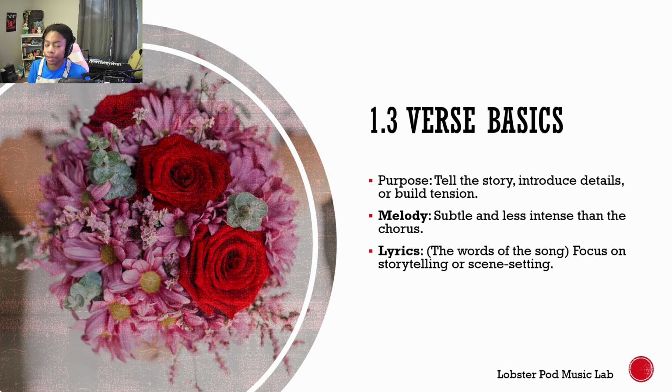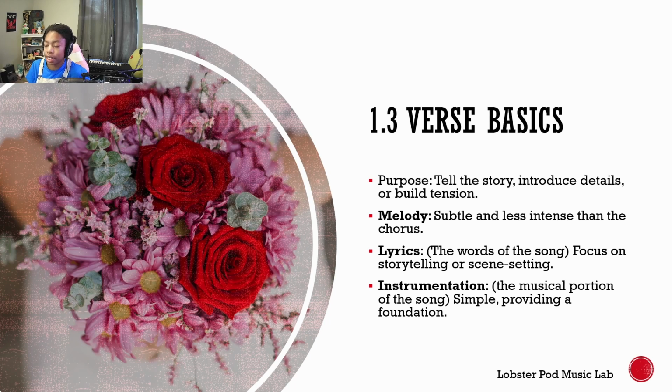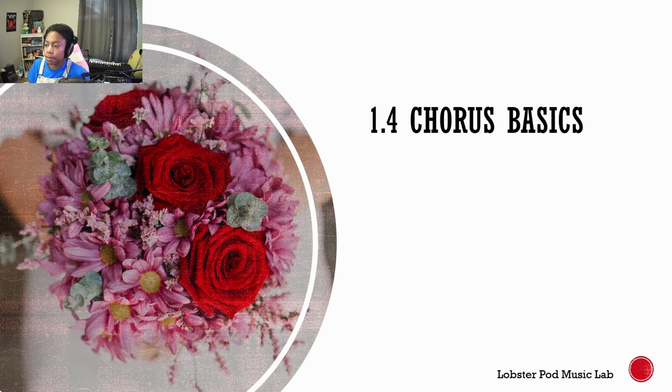The lyrics, the words of the song, focus on storytelling or scene setting. And the instrumentation, which is the musical portion of the song for our purposes, is pretty simple and provides a foundation. It almost warms listeners up and hypes people up for the actual chorus. It usually lasts 8 to 16 measures.